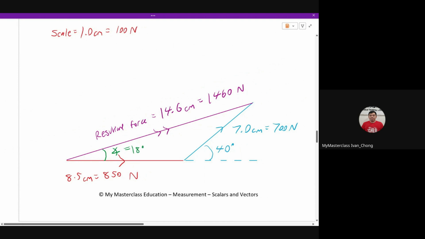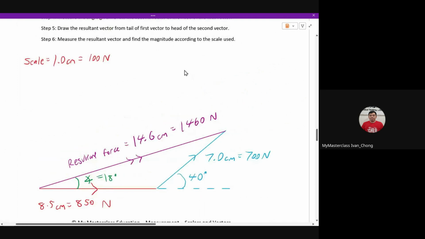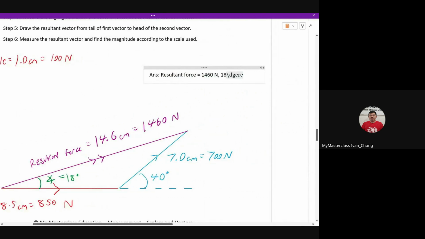And because it's 18 degrees, how would I phrase my answer itself? So the answer, how I phrase it is that my resultant force is equal to 1460 newtons, and I'll write 18 degrees above the horizontal.